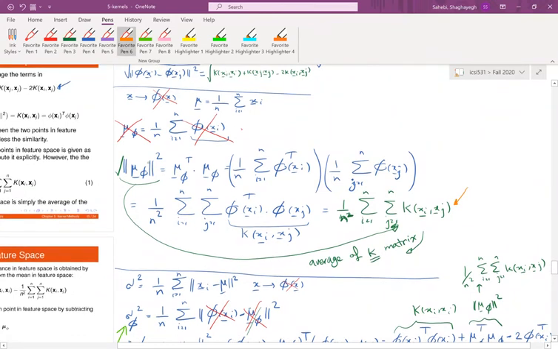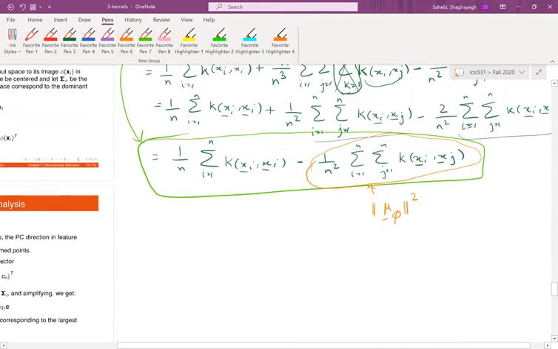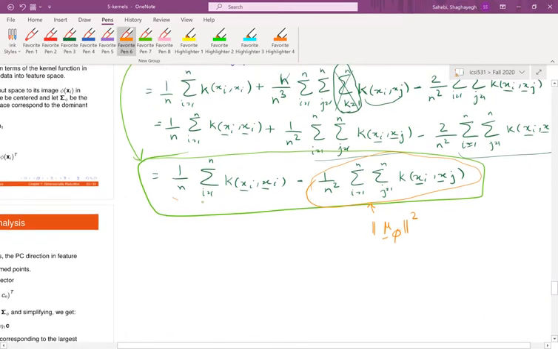What is it? This is the square of magnitude of my mean, right? So this is mu phi squared. And well, here, what I'm doing is that I am summing over k of xi for all the i's.